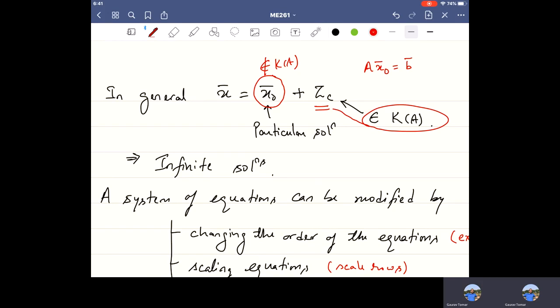Particular solution plus infinite solution, right? That's what it means. Now, when we talk about solution of linear differential equations, what we say is L of y, some differential operator of y, is equal to, let's say, a function of x, right?